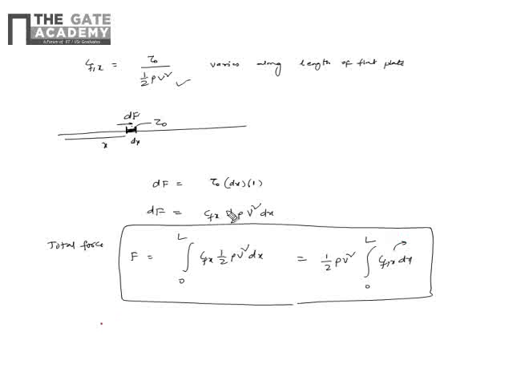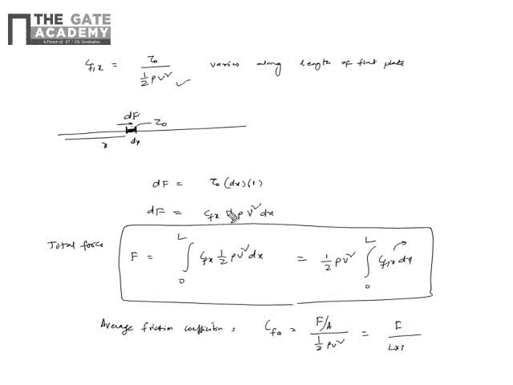So the average friction coefficient will be based on your average shear stress. Average shear stress will be the total drag force by the total area, by half rho v square.